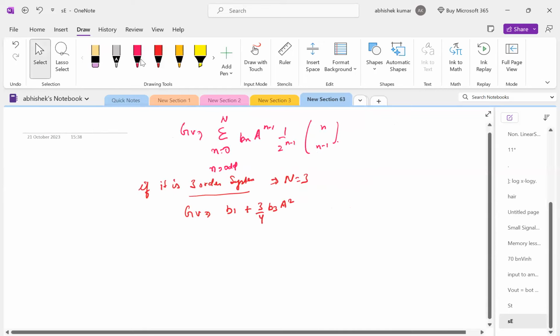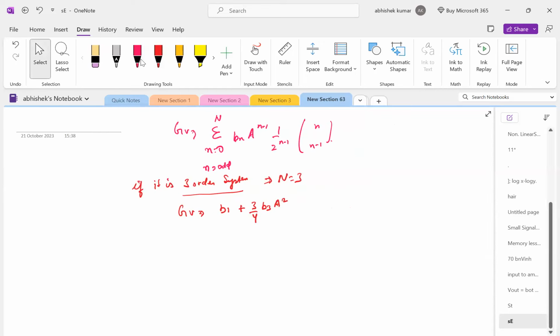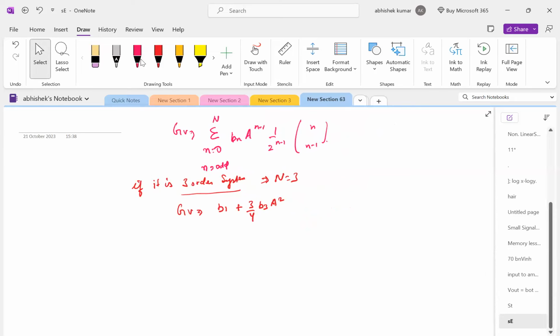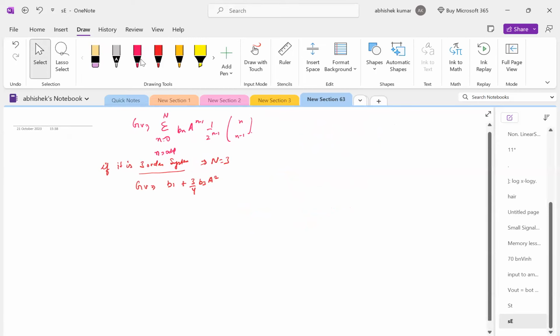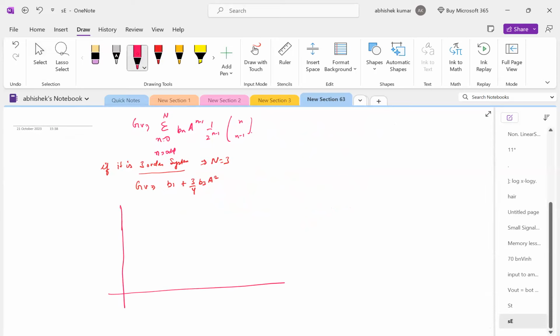Now you can see the amplifier characteristics. We draw the output at 0, at 0.5, at 1, at 1.5, and at 2.